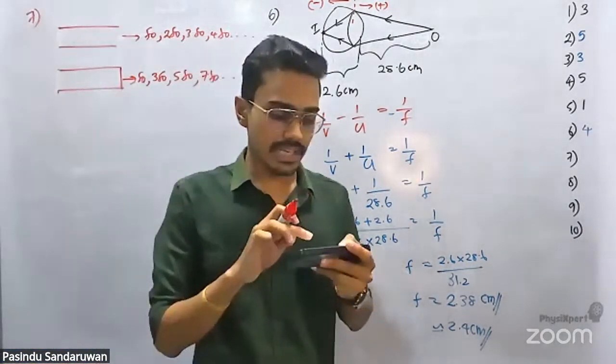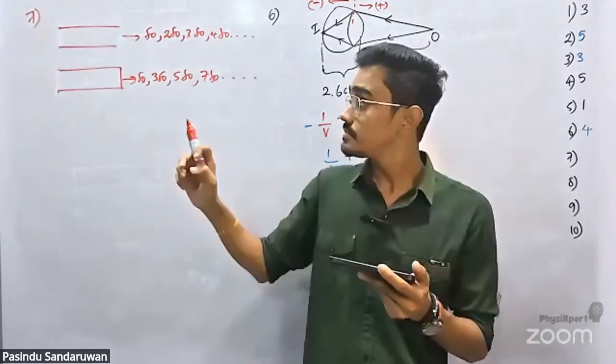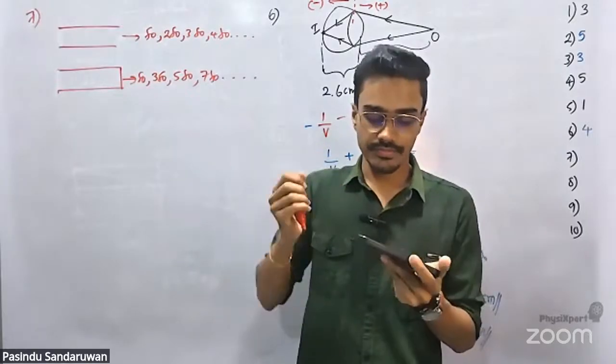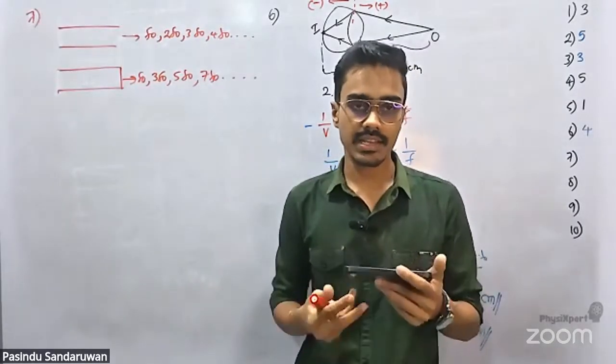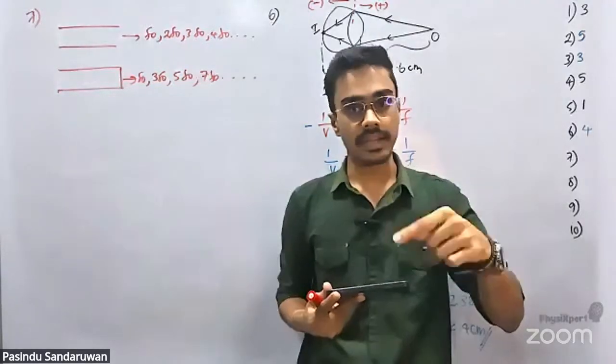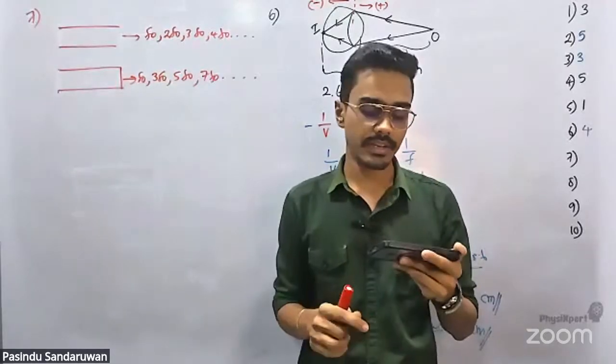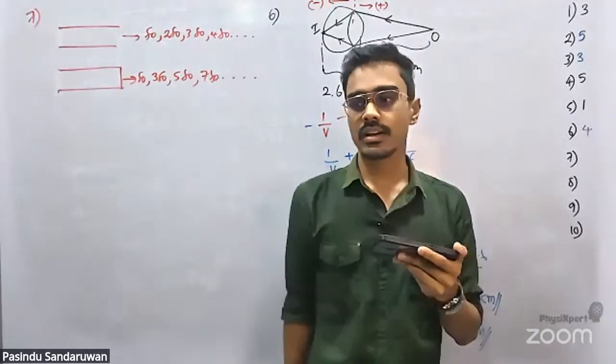Now what it says is 125 is a natural frequency. If the given frequencies are multipliers of 125, that might be a resonant frequency. If it's not a multiplier of 125, that is not a resonance frequency.